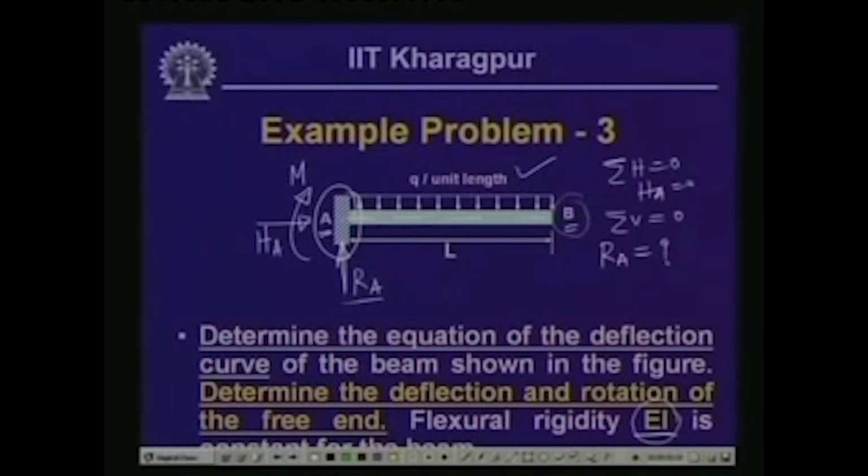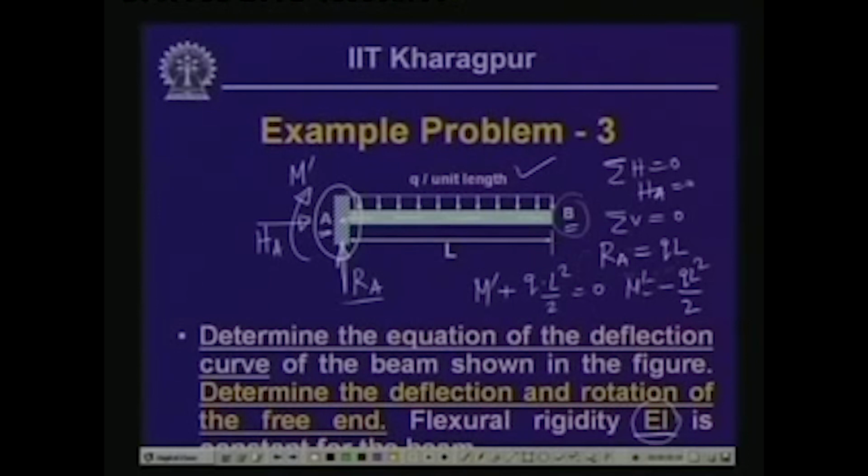So, that gives us RA equals qL, and if we take the moment of all the forces with respect to this point, we have the moment value M, let us call M dashed, and qL also will have the moment in the same direction. So, plus q into L by 2, so qL square by 2, equals 0. So, this gives us M dashed equals minus qL square by 2.